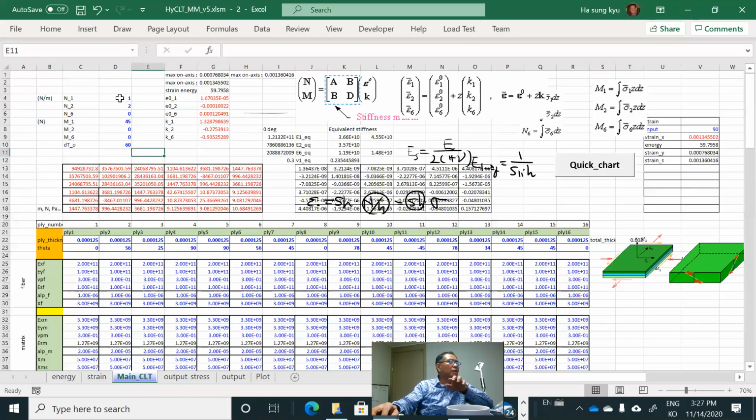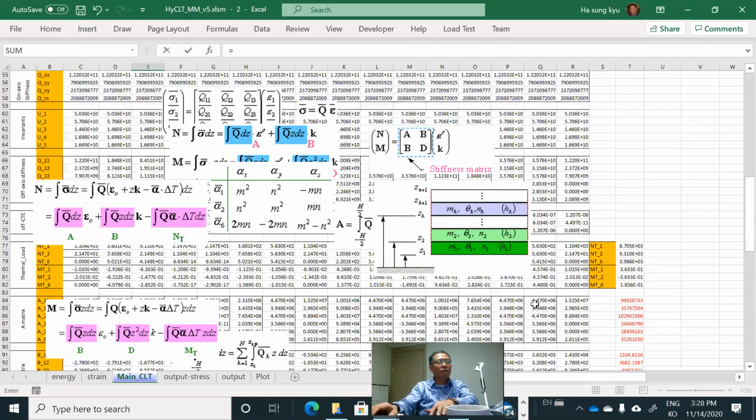So this load, back to here, was just a mechanical load, right? And this one was calculated based on this load. Now this is the load. I'm gonna have this one as S77.